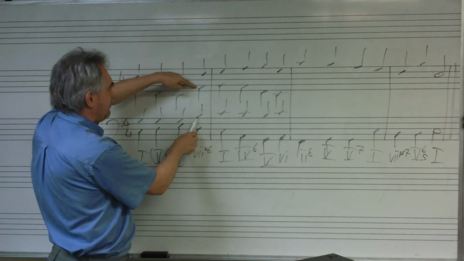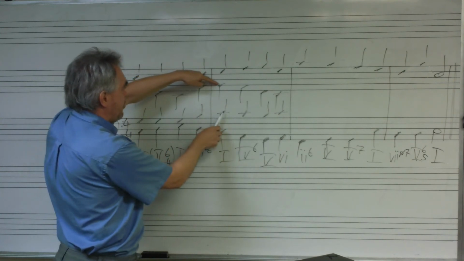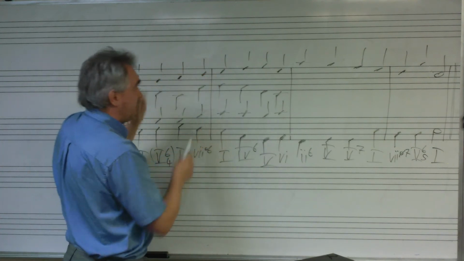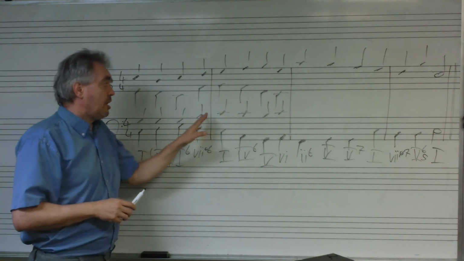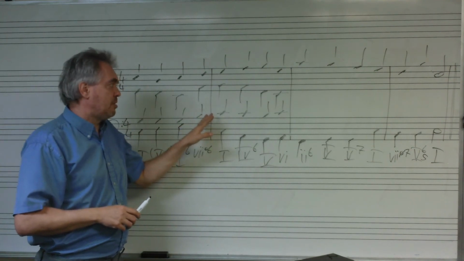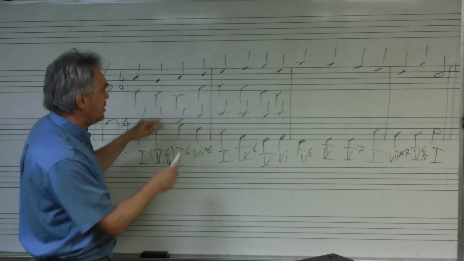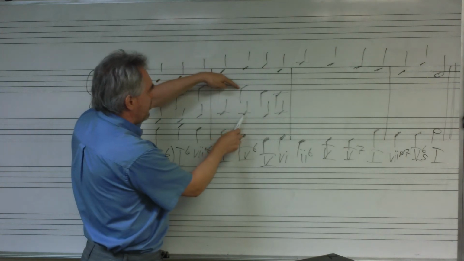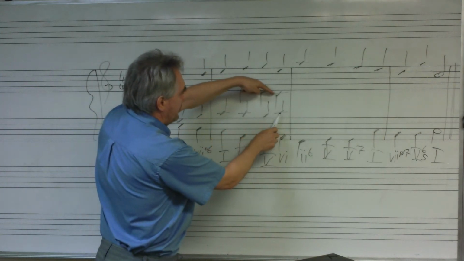Tenor alto: fifth. In this case, it's a diminished fifth. So fifth, fifth, but this is a diminished fifth going to a perfect fifth. And that is allowed as long as it doesn't involve the bass. And it does not, it's in the inner voices. Going to a fourth, going to a third, going to a unison.